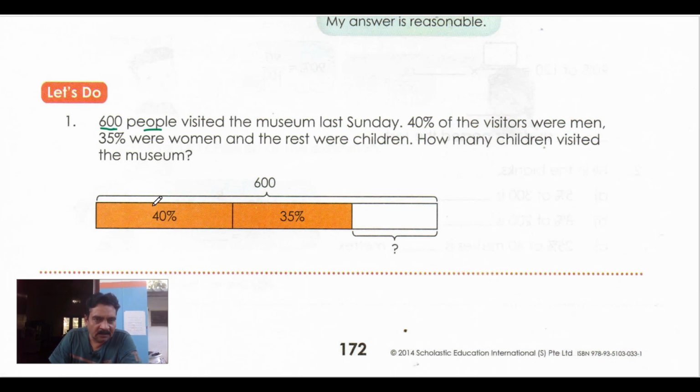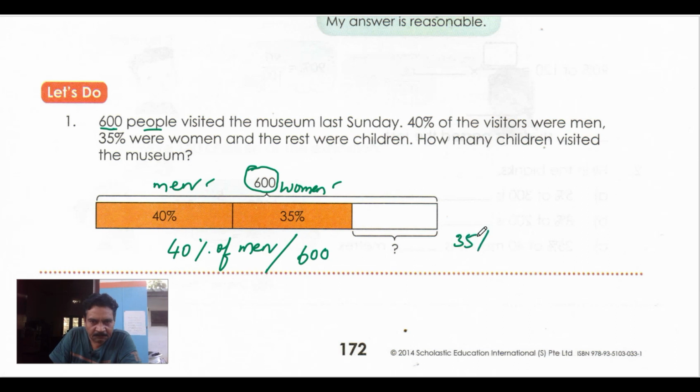So here it is given: 40% visitors are men, 35% are women, and a total of 600 people visited, out of which 40% of 600 are men and 35% of 600 were women, and the remaining are children.